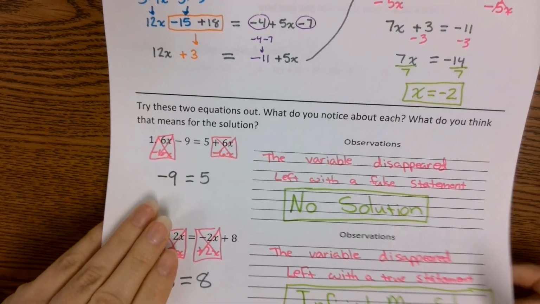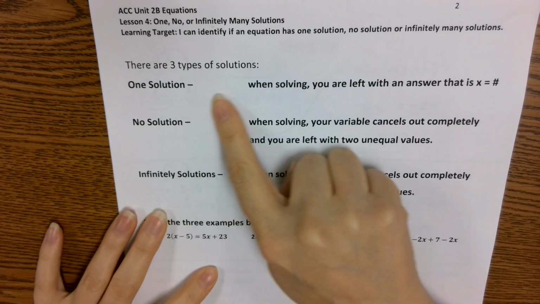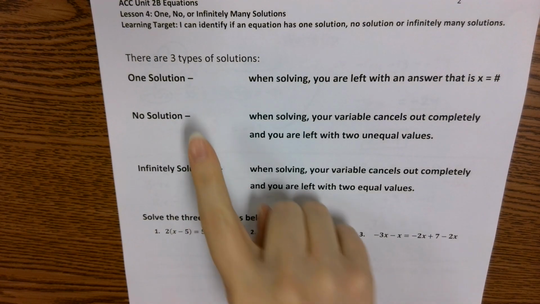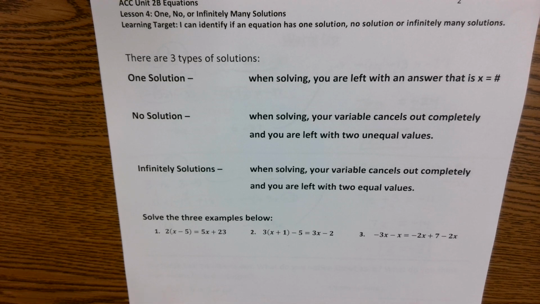Go ahead and flip it on over to the back. So, one solution means that when you solve, you are left with x equaling a number. X is equal to some value. That is just one solution. We've been dealing with that for the past week and a half. No solution means x is going to cancel out completely.